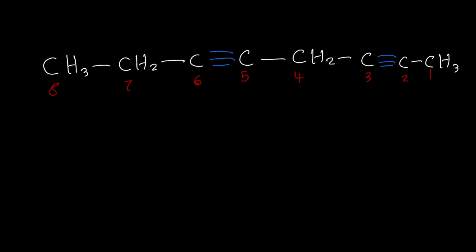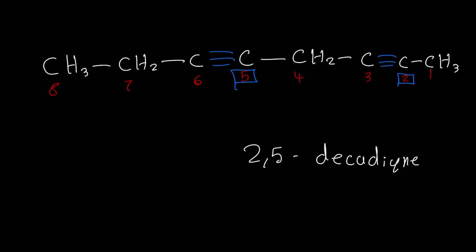As you can see, we have 10 carbons in total, which would be associated with decane. However, we're going to put deca, but since we have 2 triple bonds in this compound, we're going to call it decadiyne. Now notice that they are on carbon 2 and carbon 5. So it's going to be 2,5-decadiyne.